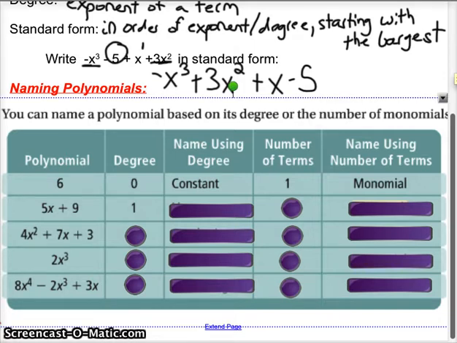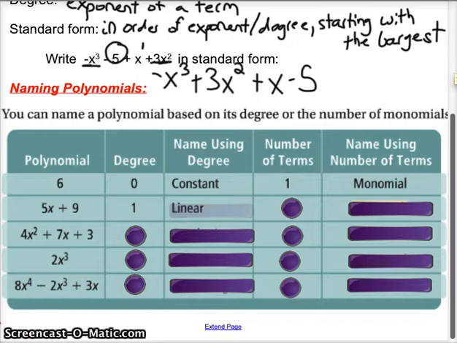Name using the degree. You're very familiar with these. This is going to be linear, something you've seen often before. Now, number of terms. Well, here's one term, and here's another term. So remember, the terms are separated by pluses and minuses. So that means this one has 2 terms.